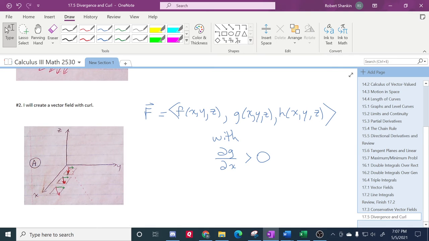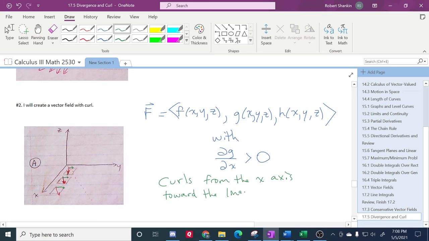Okay. This, we're going to say, it curls from the x-axis toward the line y equals x.